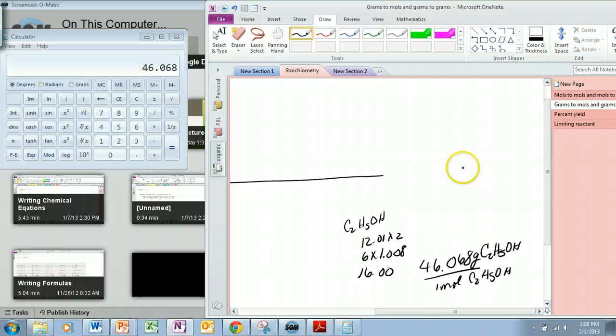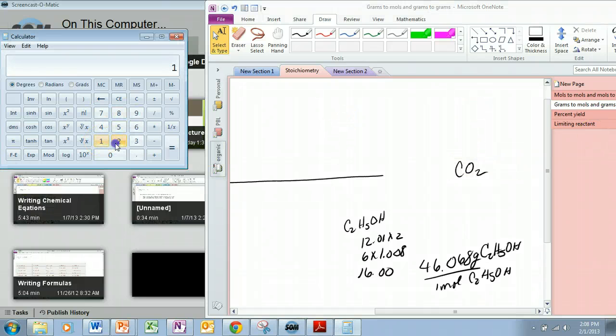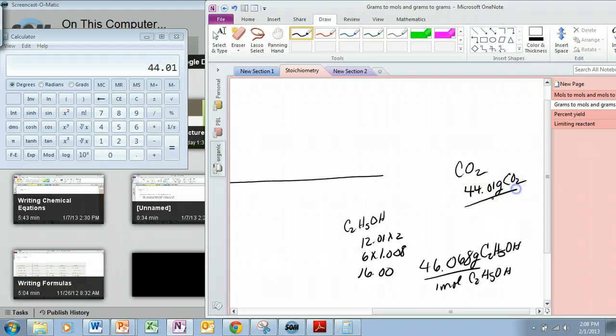So let's go back over here. CO2. Well, I know that carbon is 12.01 plus 16 times 2 equals 44.01. 44.01 grams CO2 for 1 mole CO2.